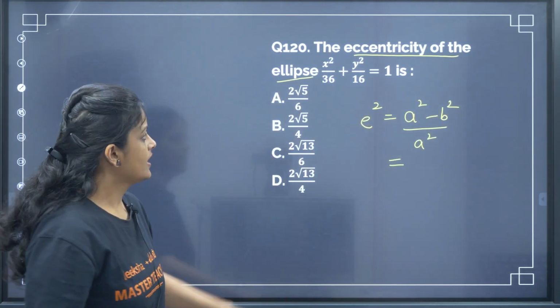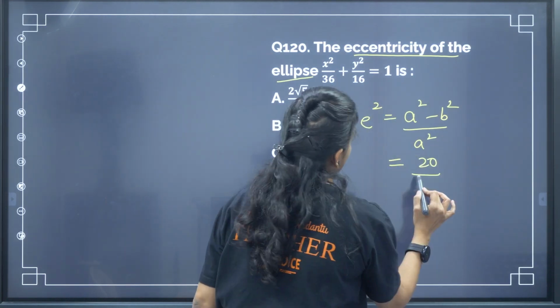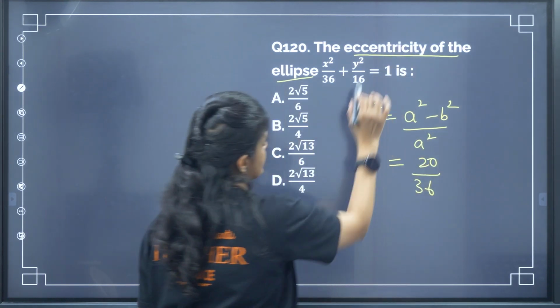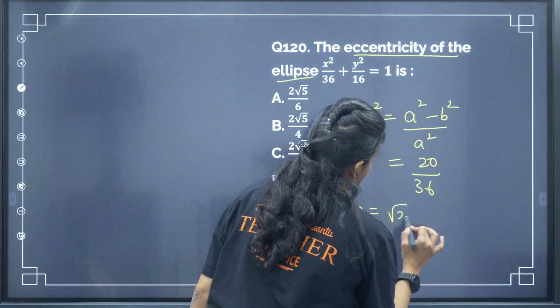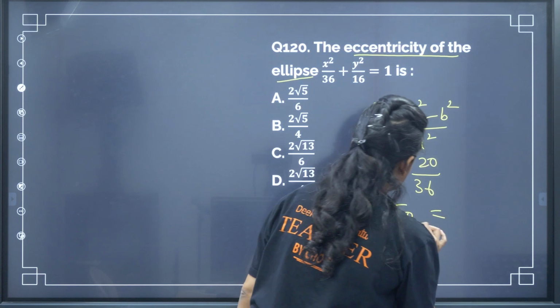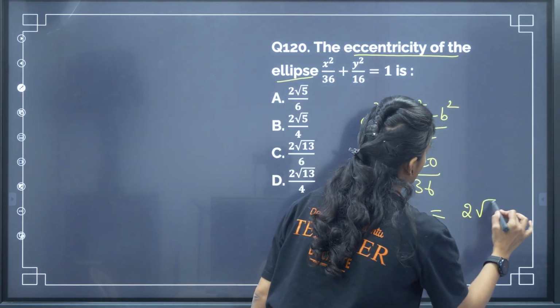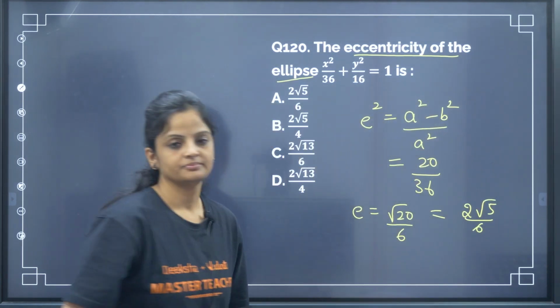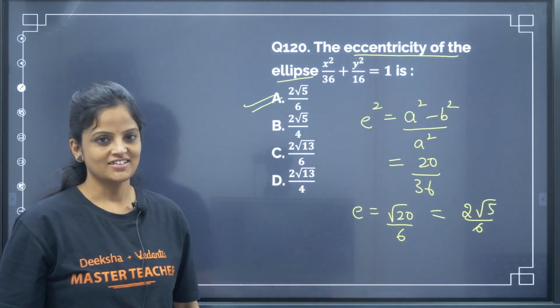E square value will be 20 divided by 36, but they are asking you eccentricity. So under root we have 20 divided by 36. Do we have the option? Yes, we have. When I take this 4 outside, that is 2 root 5 by 6. This is what we have. So option A is the right answer.